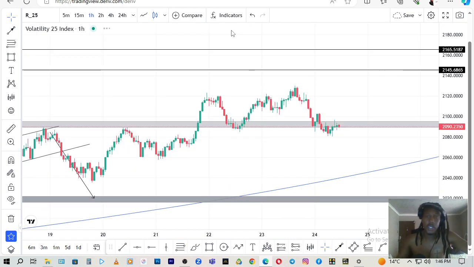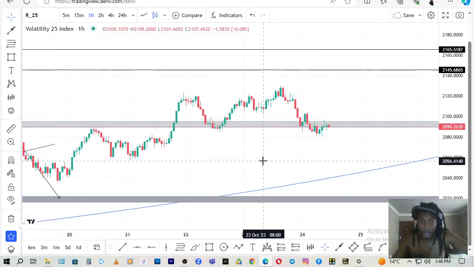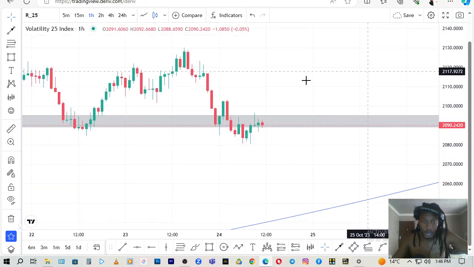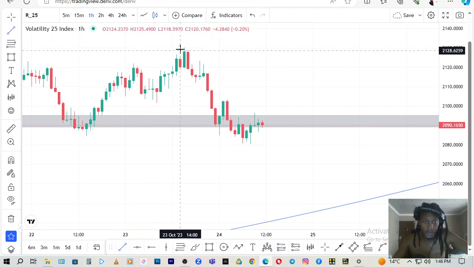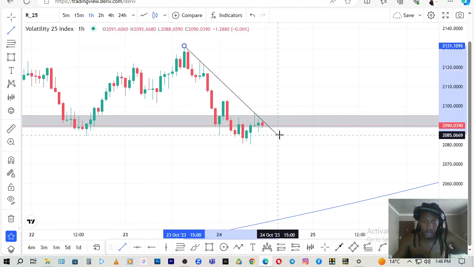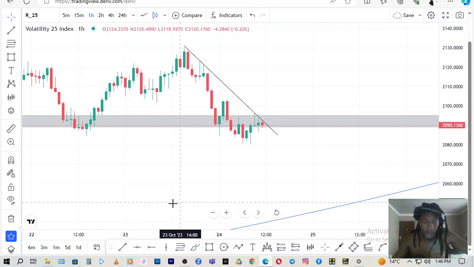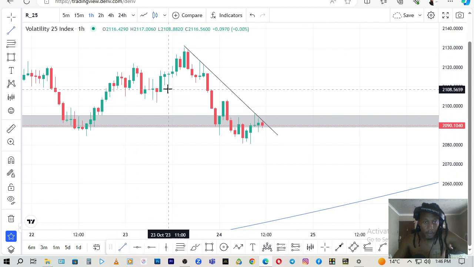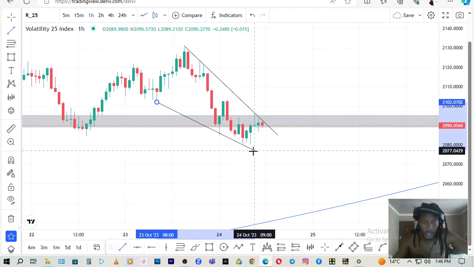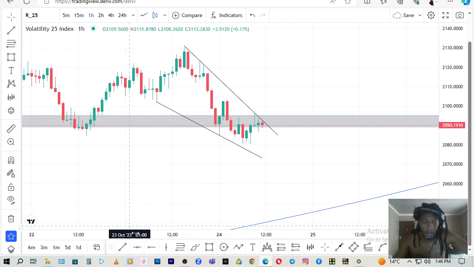Let me go to the 1 hour until I understand what the market is trying to actually show me. So at the moment, it's still consolidating. Let's see something.